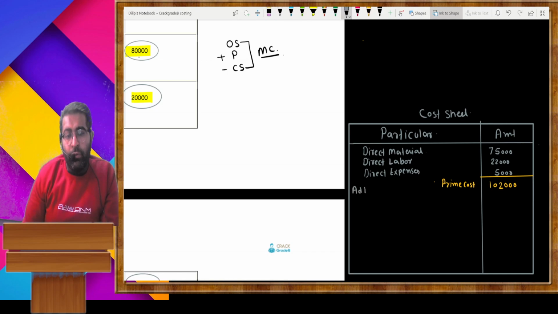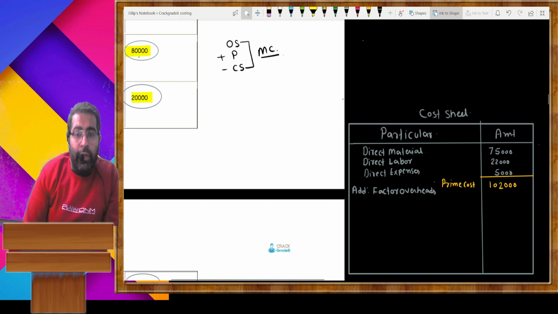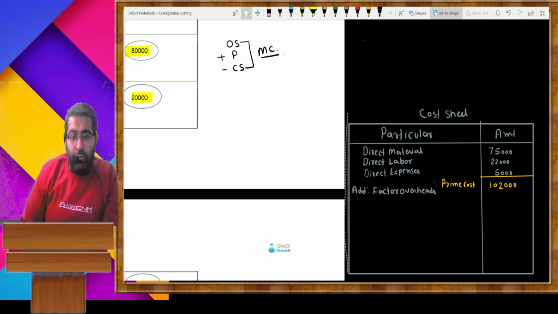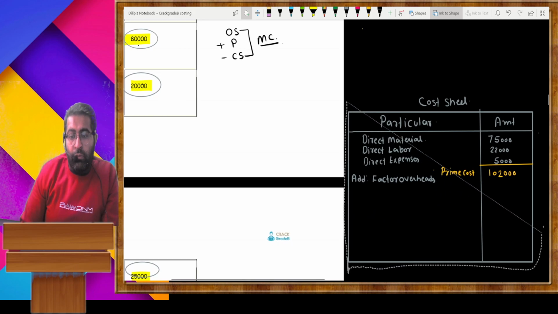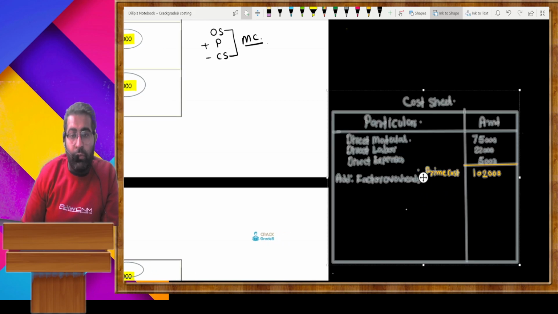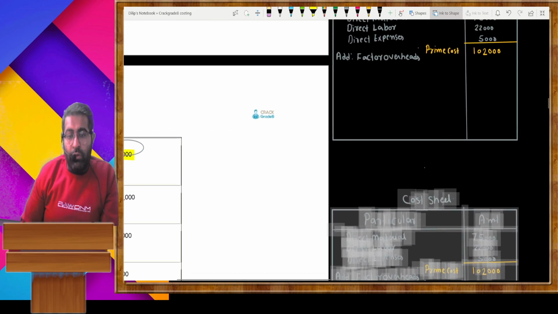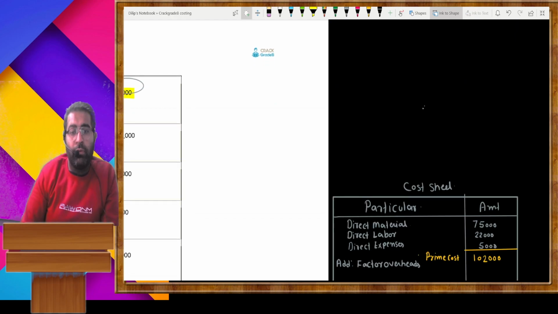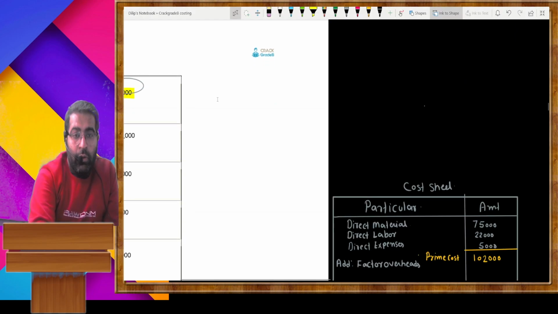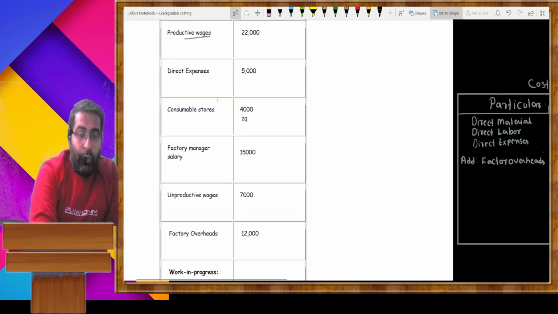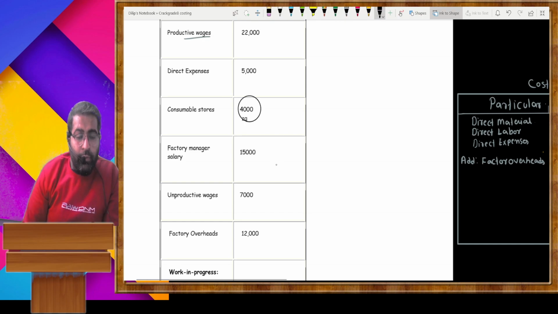We are adding now all the types of factory overheads. Look at here. Just a second. I'm getting this table to the downside because all the types of factory expenses are on the downside. So look at here. Consumable stores 4,000.